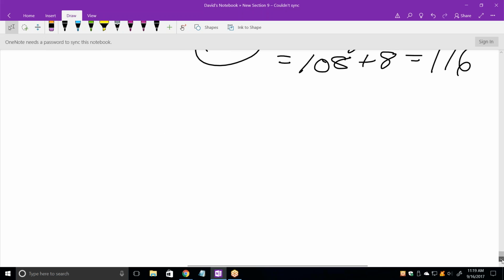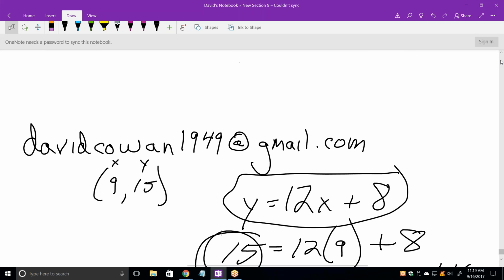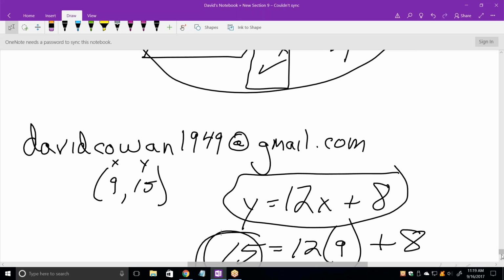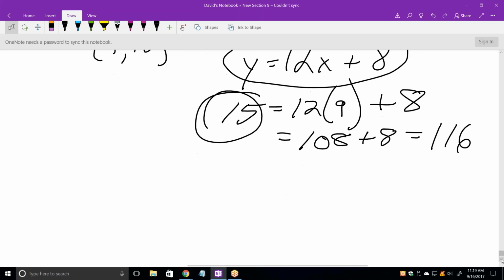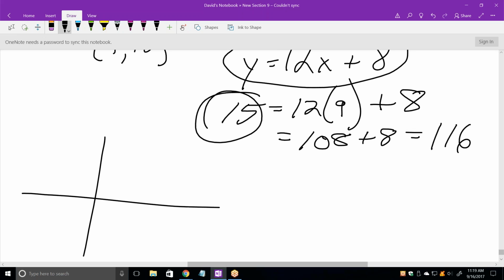Okay, so I'm writing this down real quick. If I were to graph this, it's 12x plus 8. If I go over here, I do an xy coordinate. I start at 8. I have a very steep slope of 12. Straight line.